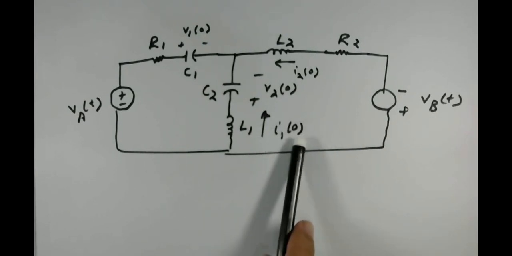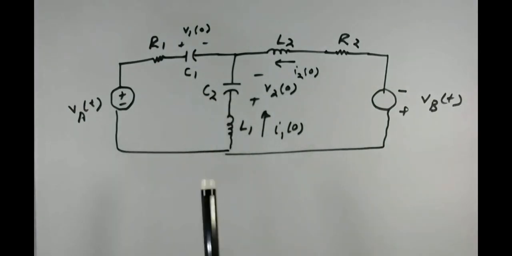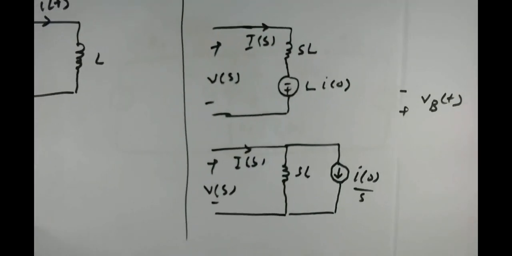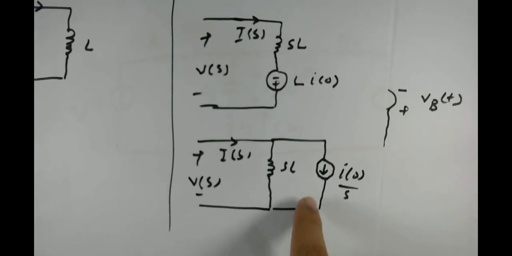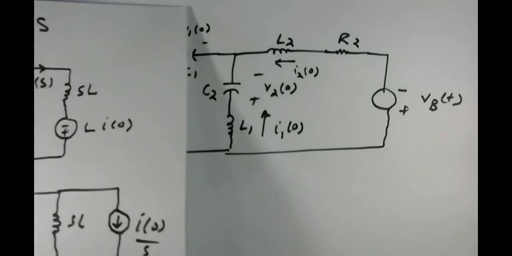But here you are given I1 of 0, I2 of 0, V2 of 0, V1 of 0. How are you going to incorporate these things? As I derived for the inductor previously, you are going to need these, and the other one as well, for the capacitor.